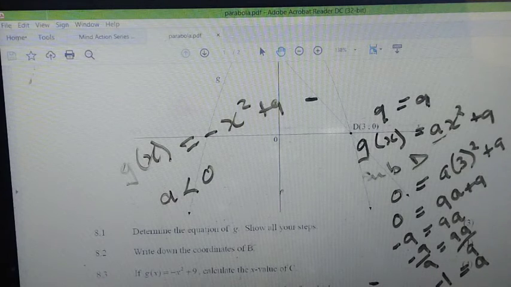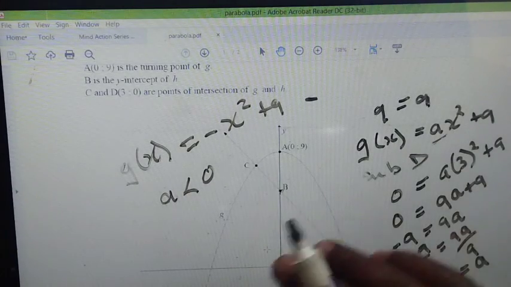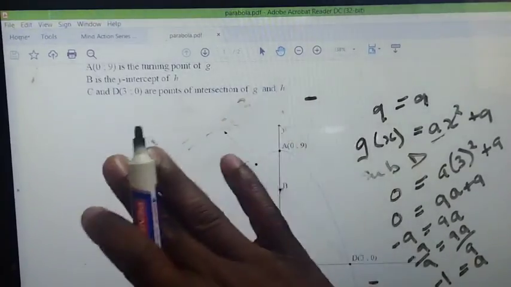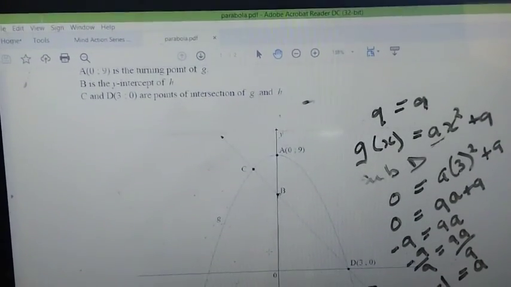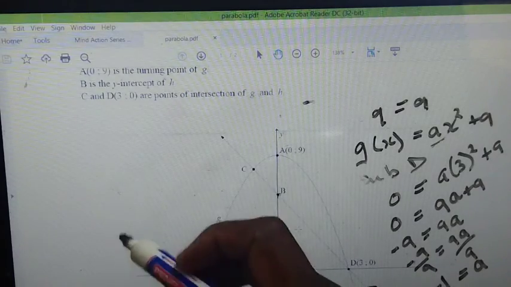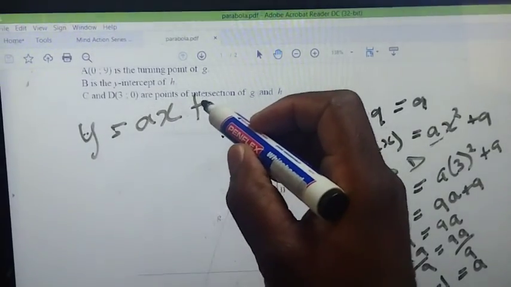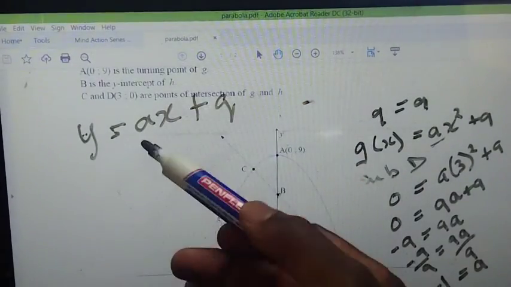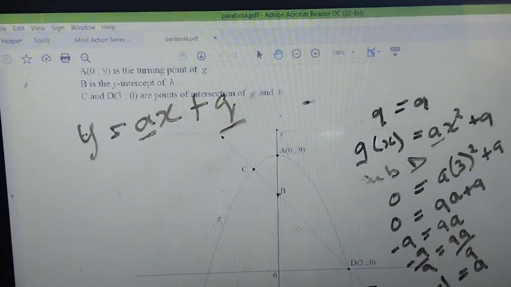Now 8.2, they are saying write down the coordinates of B. Now B is the y-intercept of h of x. Now h of x is a straight line, and what we know about the straight line is that generally y is equal to ax plus q, where a represents the slope and q represents where the line cuts the y-axis.